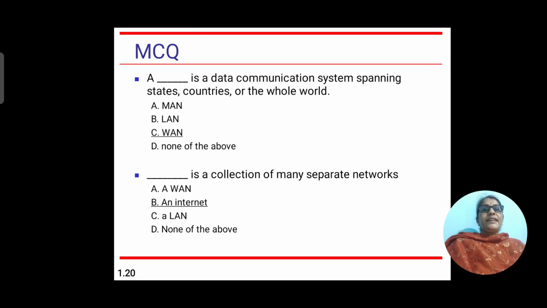Next question: a dash is the data communication system spanning states, countries or the whole world. This is a WAN. Dash is the collection of many separate networks, an internet.